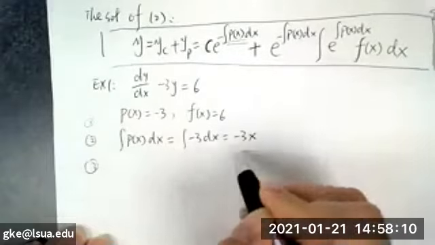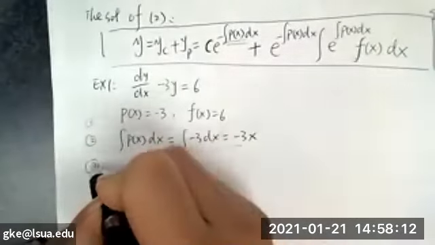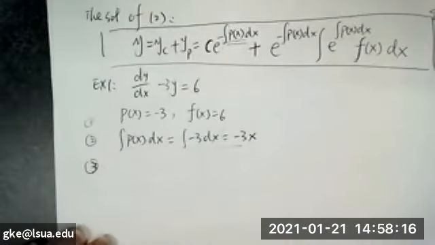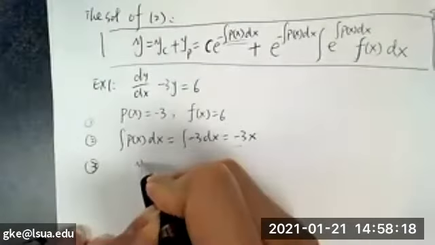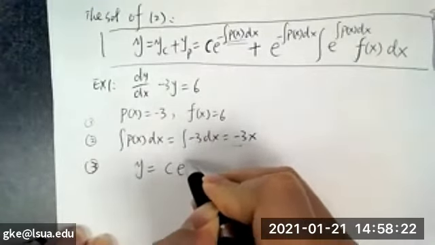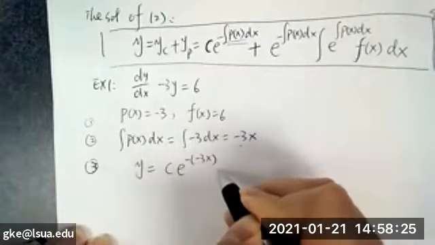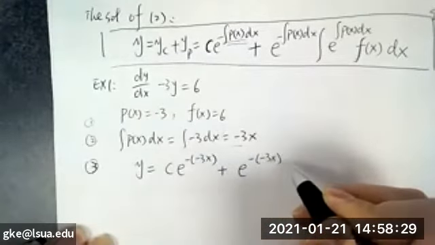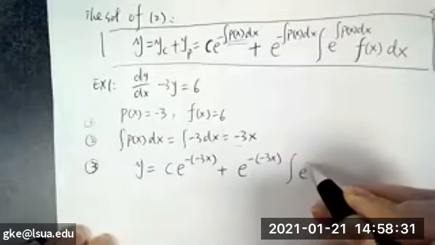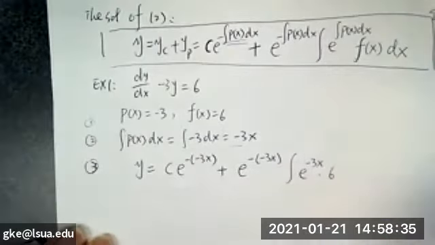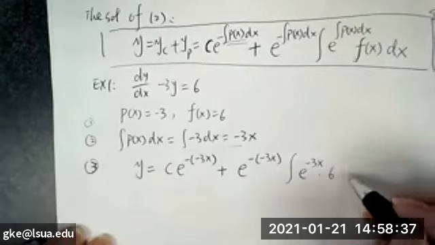Now, after you find this one, then you plug it into the formula. We have C e to the power -3x, and fx is 6 dx.